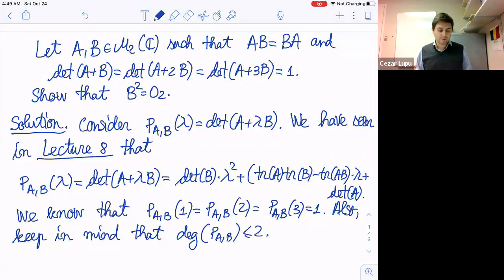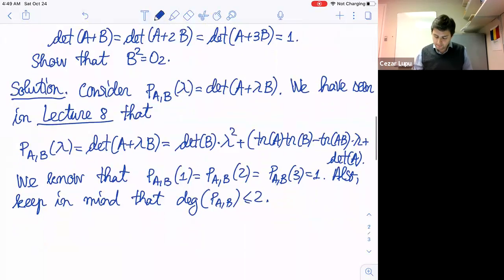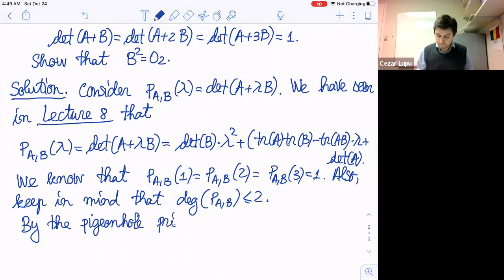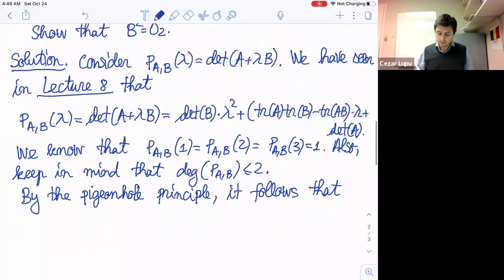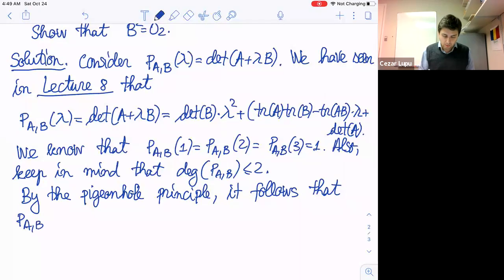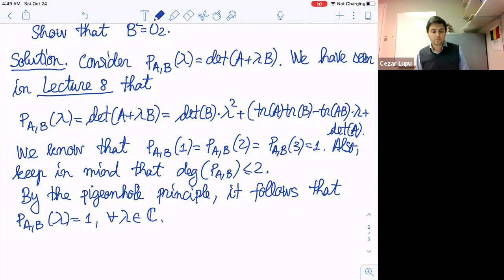So by the pigeonhole principle, it follows that this polynomial is in fact 1, so it's identically 1. So PAB of lambda is 1 for all lambda in C. All right, so we have this.